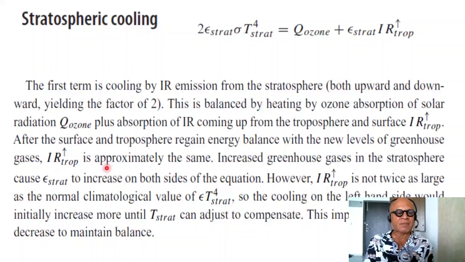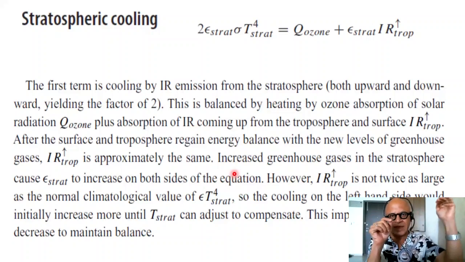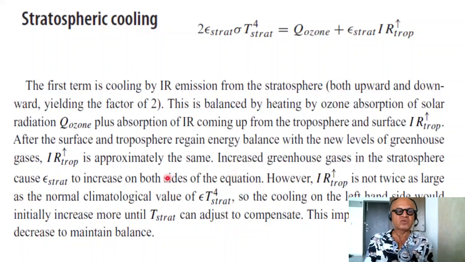So after all that happens, IR upward trop is approximately the same. Keep in mind that some energy escapes from the surface, and the atmosphere adjusts to compensate to balance the incoming shortwave, so that doesn't change a whole lot.